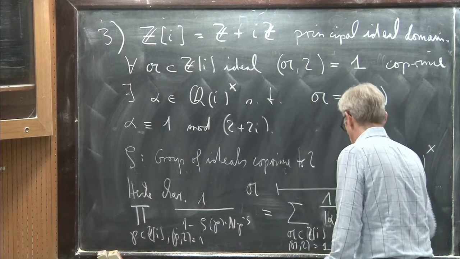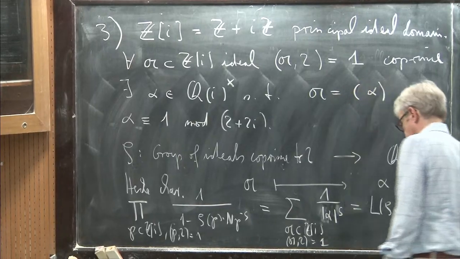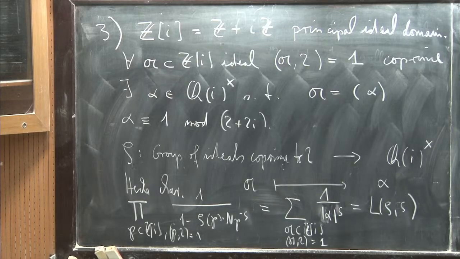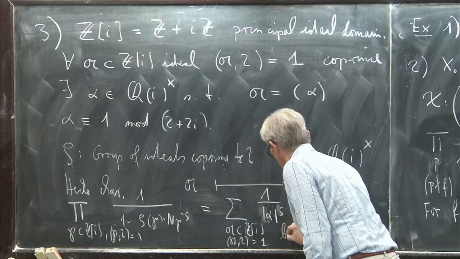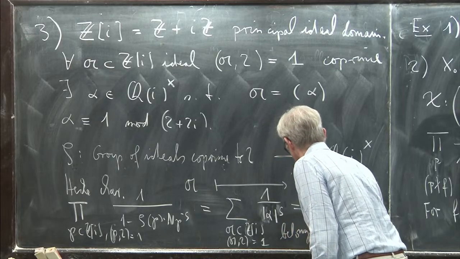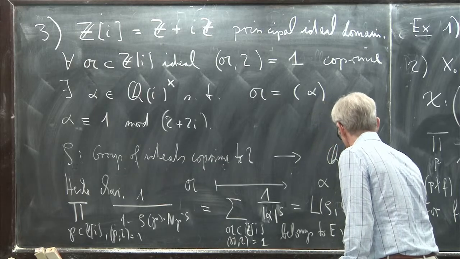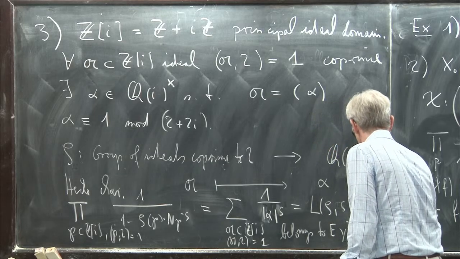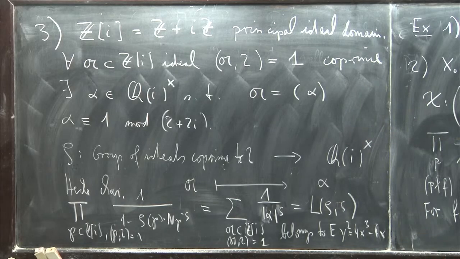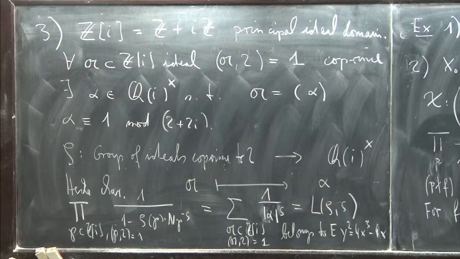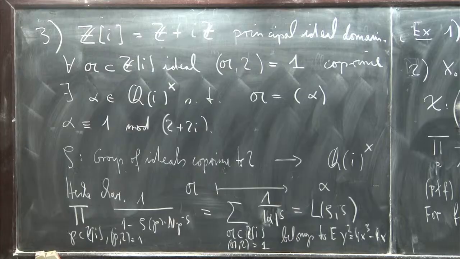So this I wanted to write. And this is called L rho of s. That's somehow the L function, and this belongs to the elliptic curve, which we have seen in the beginning. So all these are now Hecke L functions.